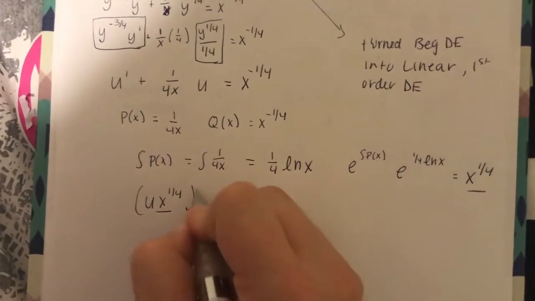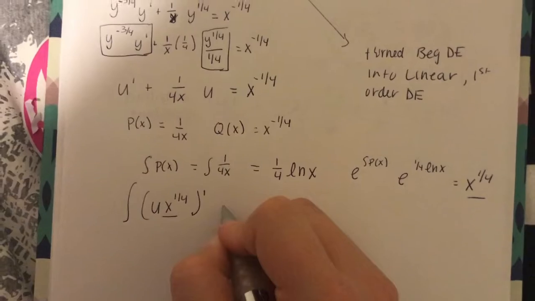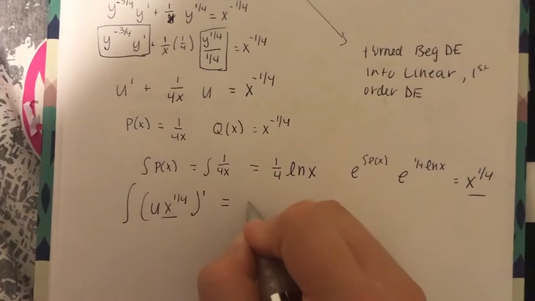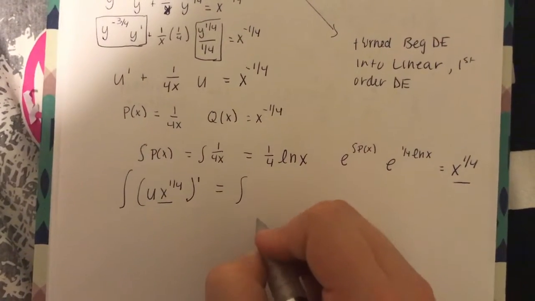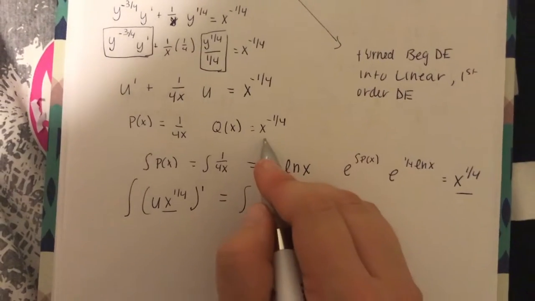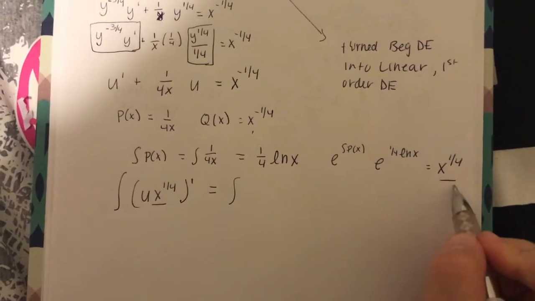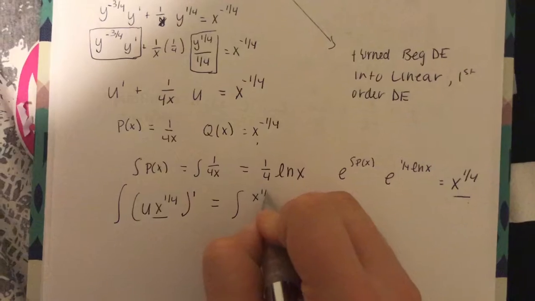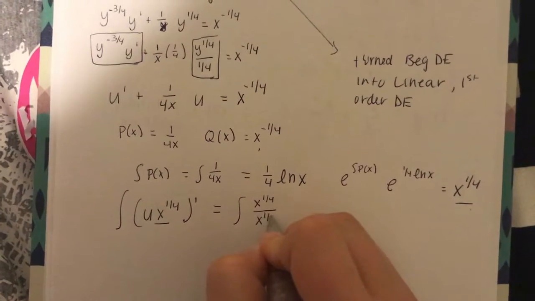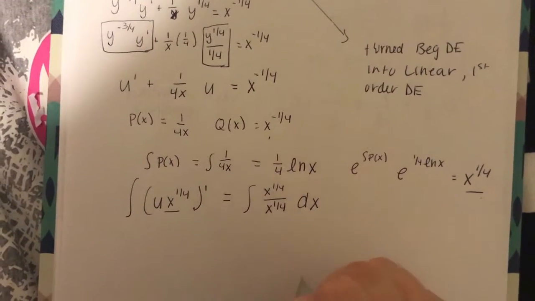all to the derivative. I'm going to take the integral of it. I'm also going to set it equal to the integral of my q of x times my integrating factor, which is x to the 1/4 over x to the 1/4 dx.